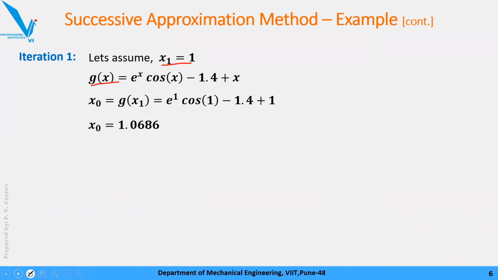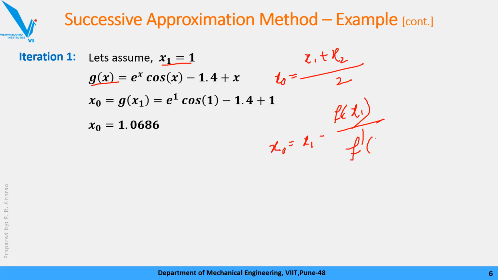There is no formula here in successive approximation method. जैसे बाइसेक्शन में फॉर्मूला क्या था, x1 plus x2 divided by 2 is your x0. This is for bisection method. For Newton-Raphson method, it was x0 equal to x1 minus f of x1 whole divided by f dash of x1.